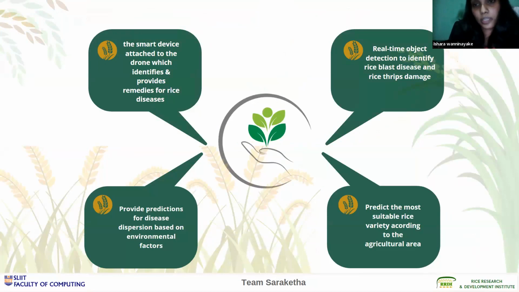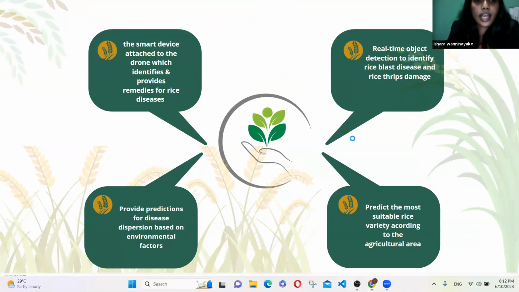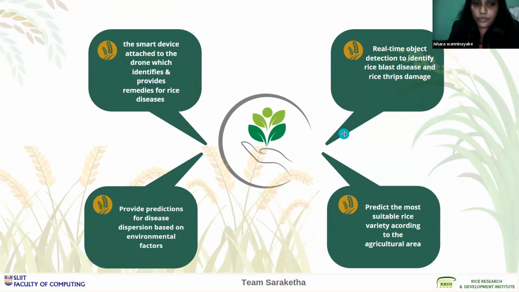This is the first time in the world that rice blast disease and rice thrips damage are identified using real-time object detection, with a smart device attached to a drone which identifies and provides remedies for the disease, and also predicts the disease dispersion based on environmental factors. And this is the first time in the world to predict the most suitable rice variety according to the agricultural area.